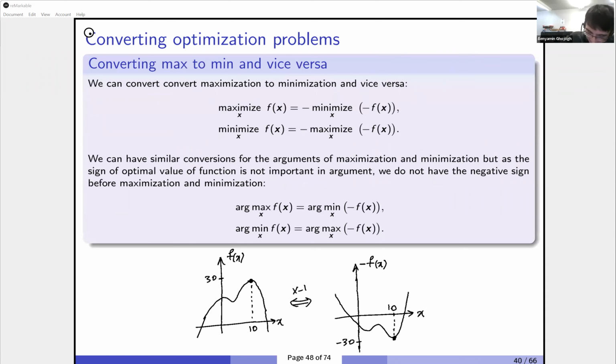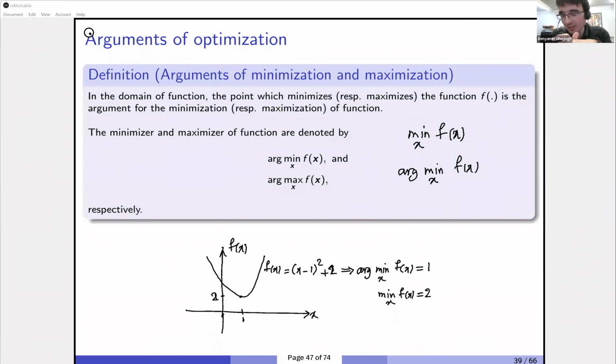So here, before I show it to you, I have a question for you. Assume I have a function which I want to maximize, but I only know an algorithm which can minimize. What are your solutions? Please let me know your thoughts.